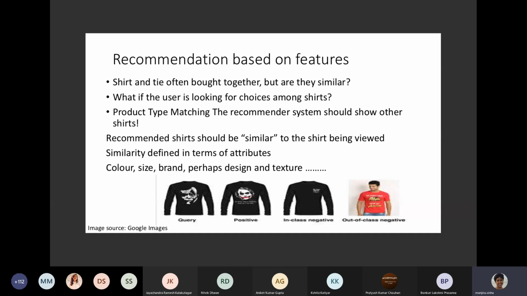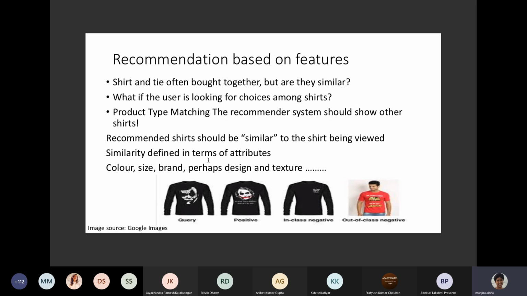So I type black shirt with some writings and particular types of images, and from all the browsed listed items, I click on this. So what my recommendation system should also do is show different types of shirts which are similar to it in viewing.